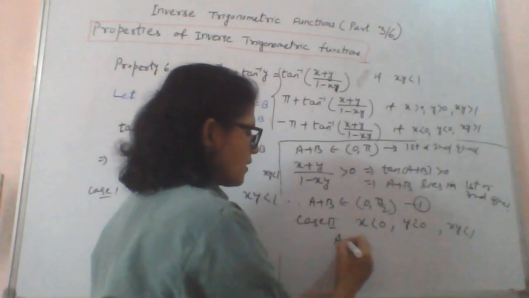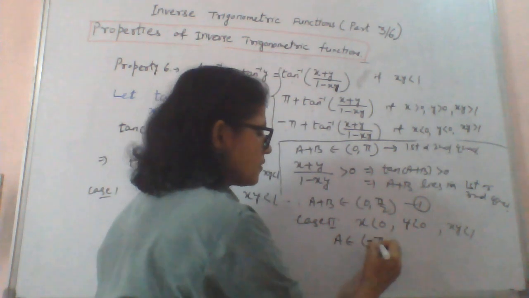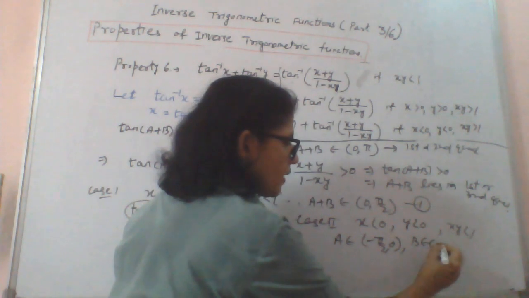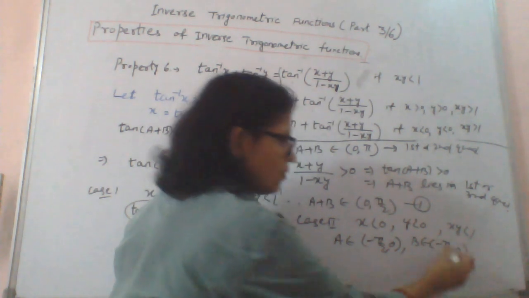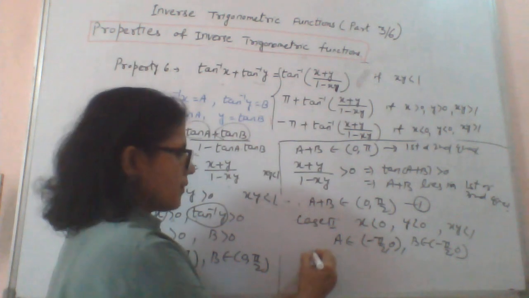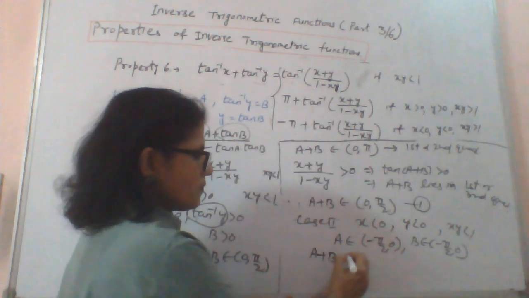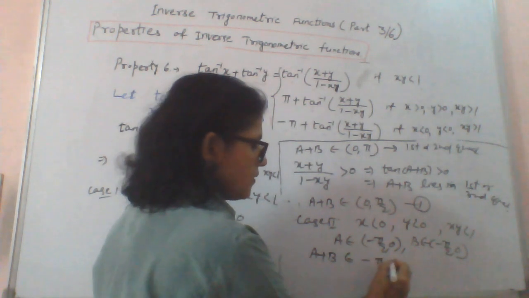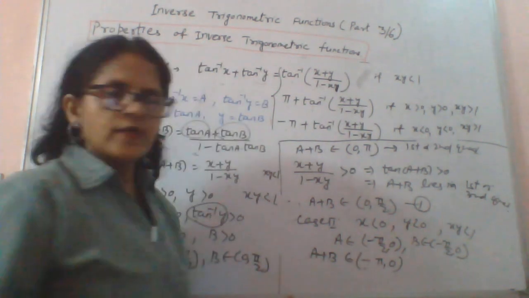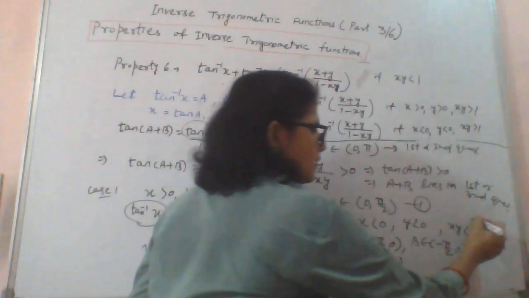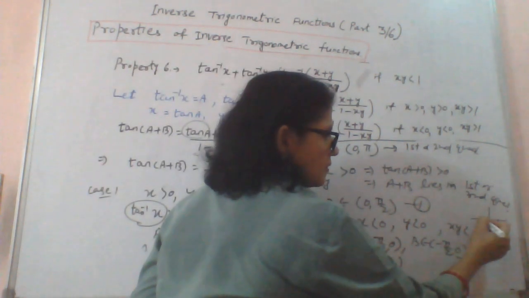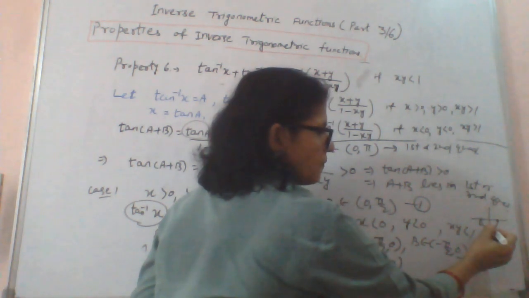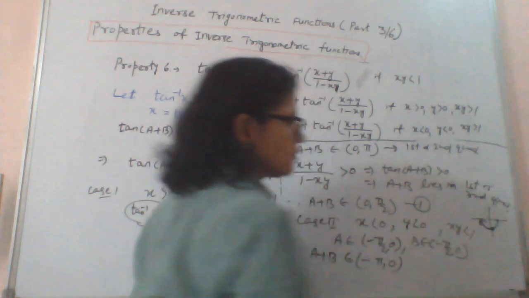So here a belongs to (minus pi by 2, 0), b belongs to (minus pi by 2, 0). Okay, what about a plus b? A plus b belongs to (minus pi, 0). So whenever you take minus pi to 0, you come like this, and 0 to minus pi by 2, minus pi by 2 to minus pi.